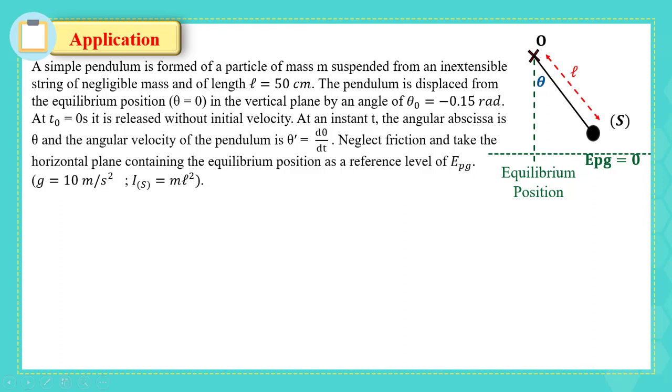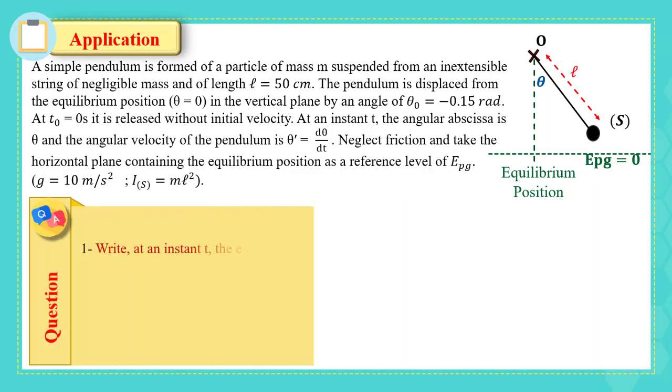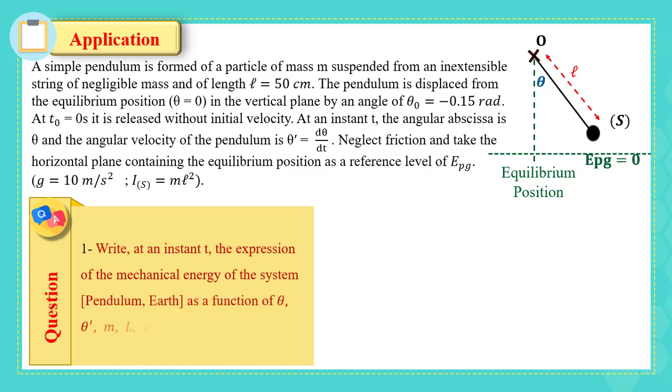At instant t, the angular abscissa is theta and the angular velocity of the pendulum is theta prime, which is d theta by dt. Neglect friction and take the horizontal plane containing the equilibrium position as a reference level of the gravitational potential energy. Write at an instant t the expression of the mechanical energy of the system pendulum Earth as a function of theta, theta prime, m, L, and g.